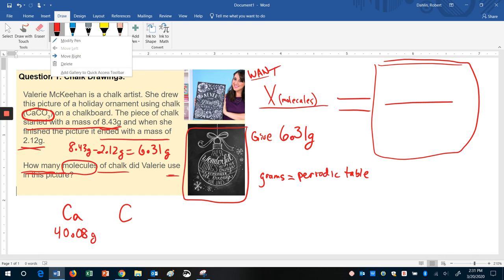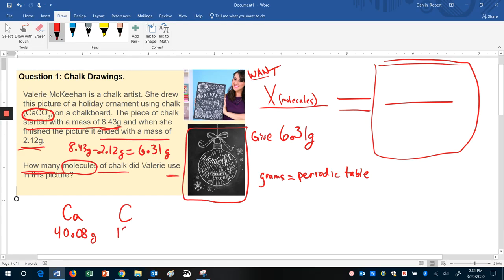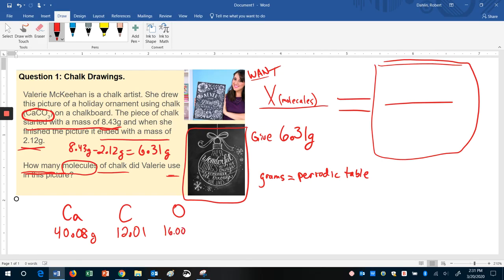So carbon on here is 12.01. And then I have oxygen, which is 16.00, but we have 3 of them. Got to multiply that by 3. Order of operations is very important. I'm just going to add all those together, but I have to remember to do multiplying first before any adding.